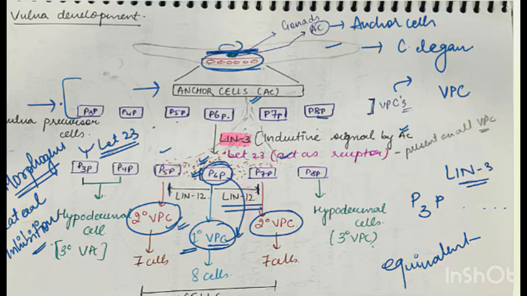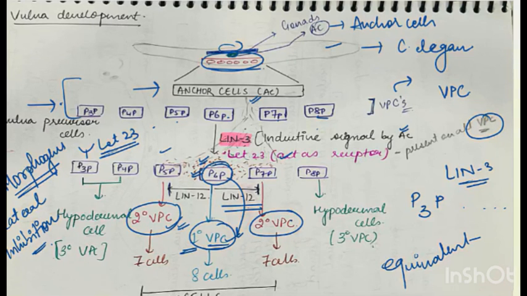Repeating it again, anchor cells release inductive signals called Lin3. Lin3 is perceived by the receptor which is present on all the vulval precursor cells called LET23.